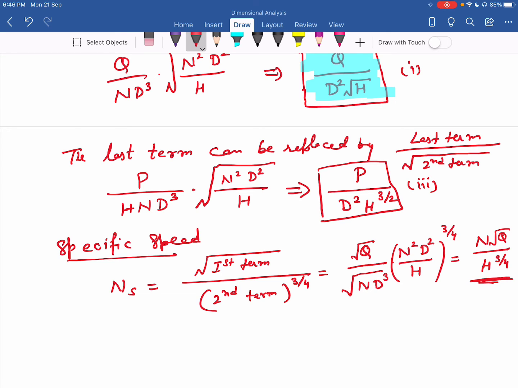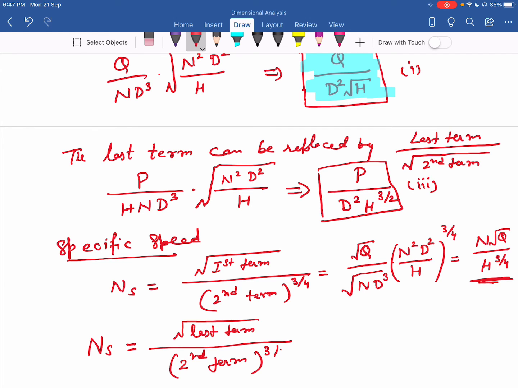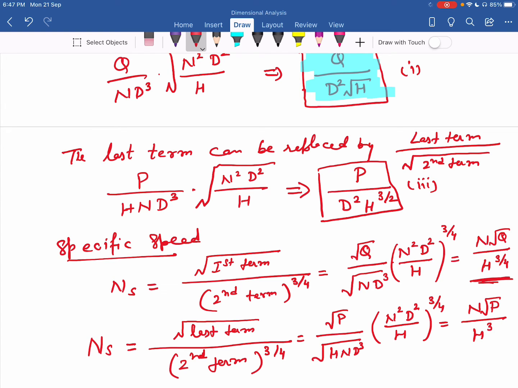Also I can write Ns is equal to under root of last term divided by second term raised to power 3 by 4. So this comes out to be under root of P under root of H N D cube into N square D square upon H raised to power 3 by 4. So it comes out to be N under root of P divided by H raised to power 5 by 4. Now this is another term I have.